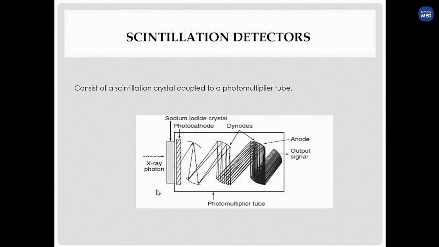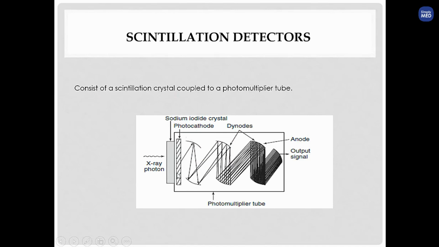Going to the scintillation detector, which we already discussed in the nuclear medicine classes: the X-ray photon from the patient hits the scintillation material, which is a sodium iodide crystal, which converts the X-ray into light, which is sent to the photomultiplier tube.